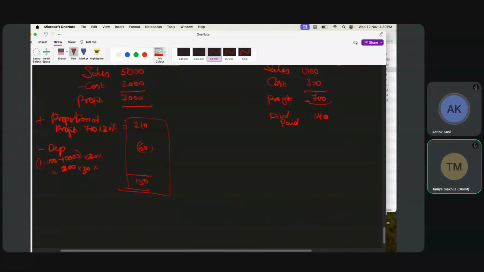Now, last is the balance sheet, the balance sheet at the end of the year. Okay, we'll do the last part.